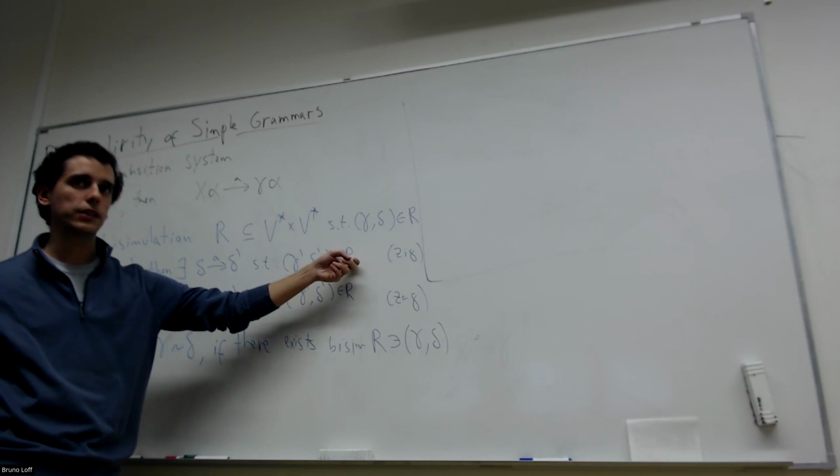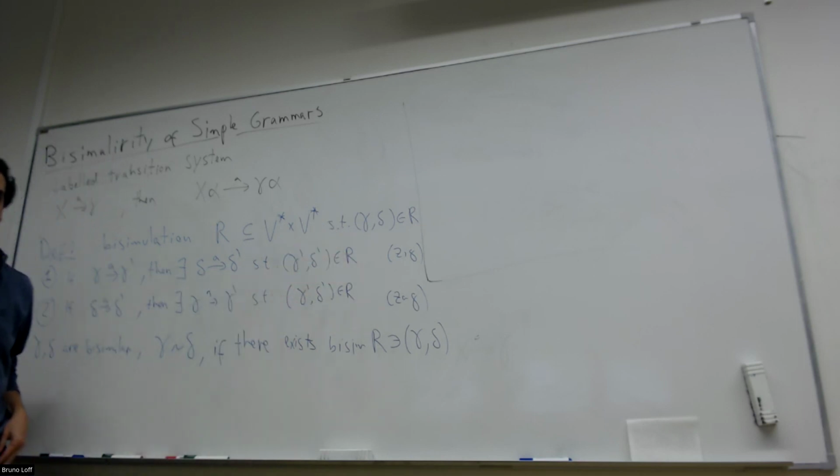So yes, the union of two bisimulations, or of any collection of bisimulations, is itself a bisimulation. And this is the one that matters. Yes, exactly.